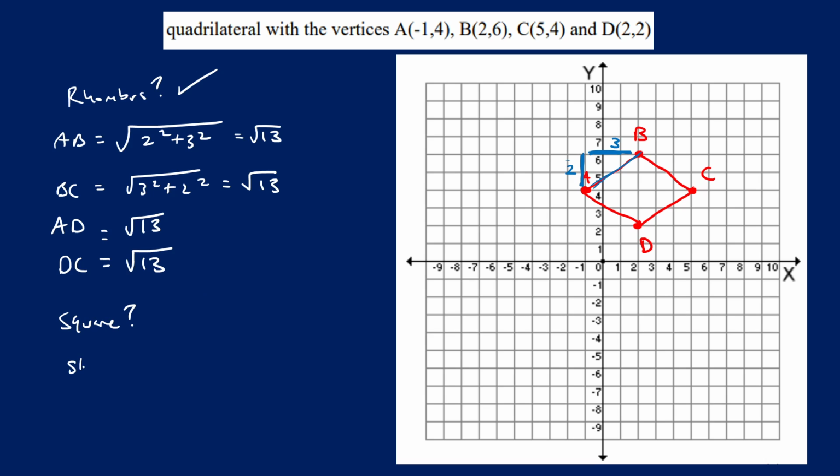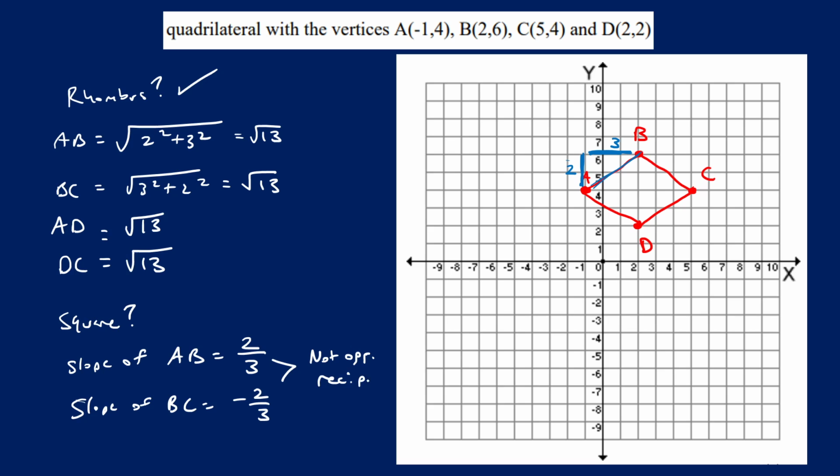So I'm going to show the slope of AB is up 2 over 3, and the slope of BC is down 2 over 3. Those are not opposite reciprocals. So therefore they are not perpendicular, and therefore it is not a square. And thus it must only be a rhombus.